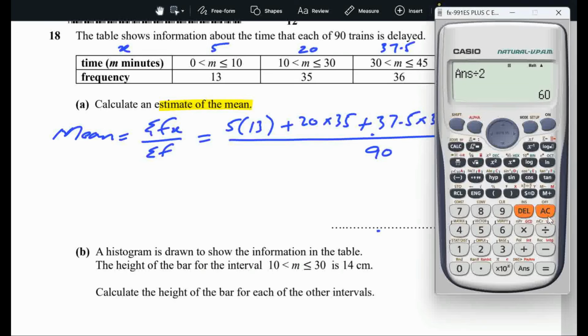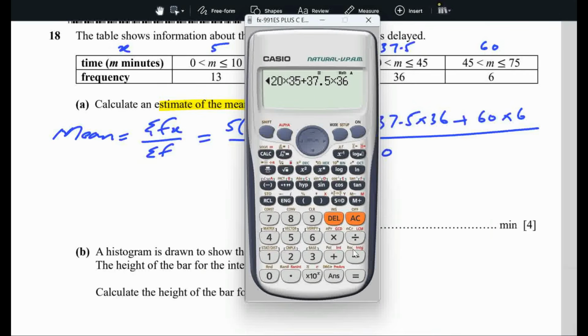So we can use the calculator: 5 multiplied by 13 plus 20 multiplied by 35 plus 37.5 multiplied by 36, plus 60 multiplied by 6, whole divided by 90.